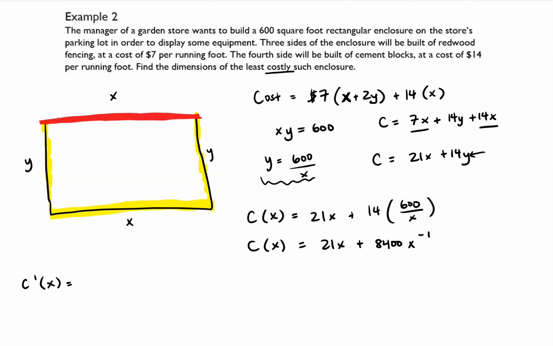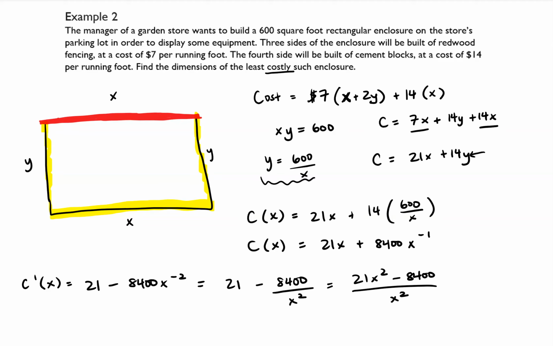So let's take the derivative of the cost function, and we'll get 21 minus 8,400 x to the negative 2 power. And let's rewrite that as 8,400 over x squared. And then if I found a common denominator and rewrote it, it would be 21x squared minus 8400 over x squared.